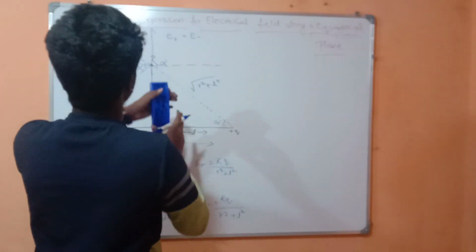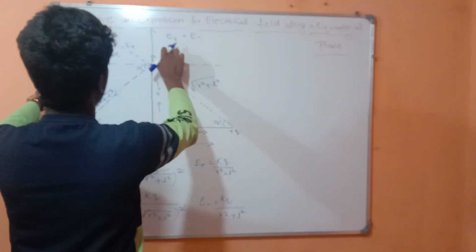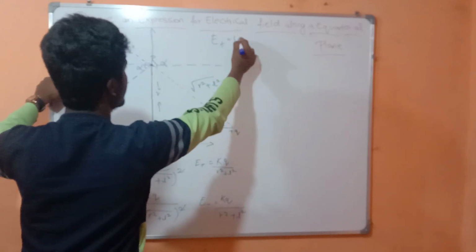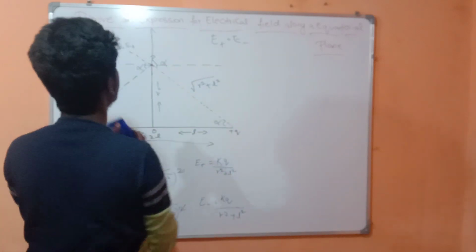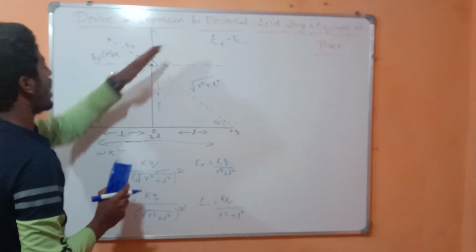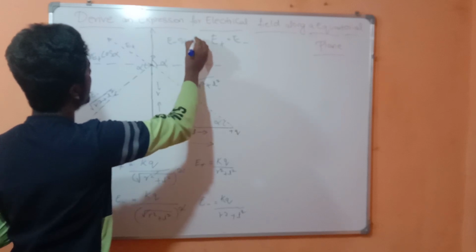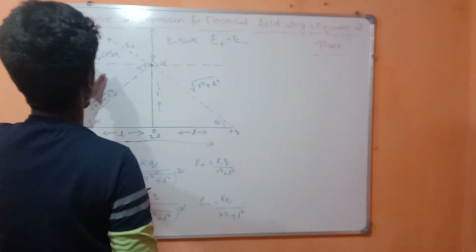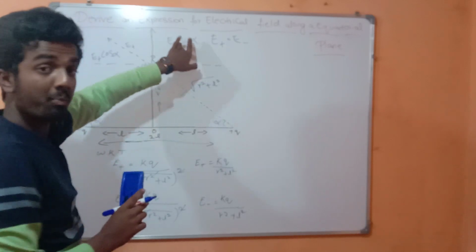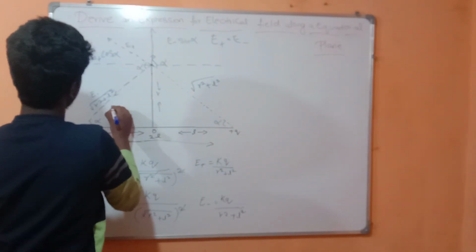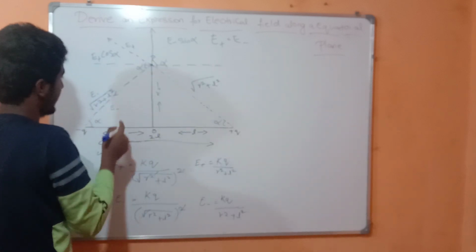And in this direction, what we have left, let me write here, E plus will be equal to E minus. In this direction, the repulsive component will be E minus sine alpha.